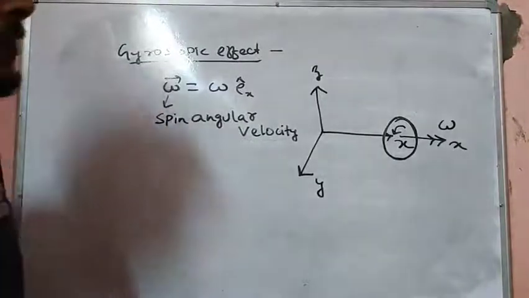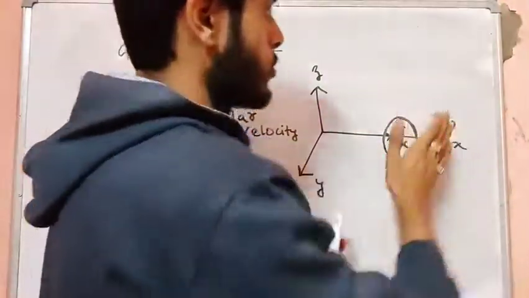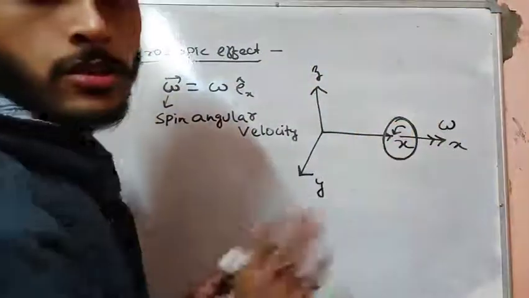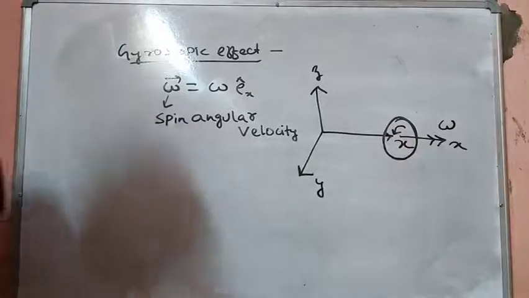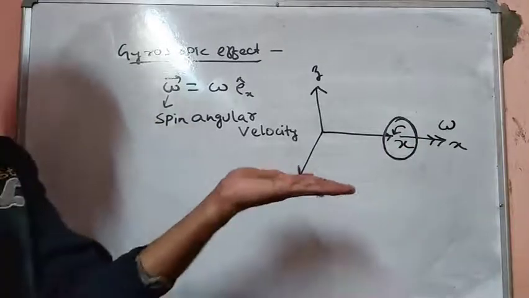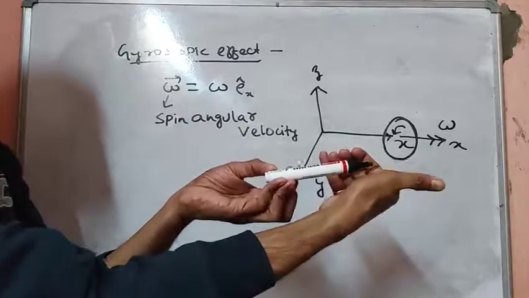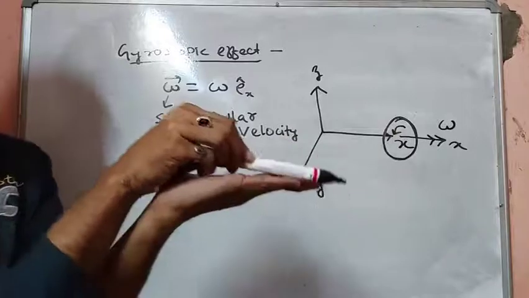Now if this rotor, while spinning about its axis, is also given a turn in any other direction, let's say in the xy plane, the disc is rotating with this angular velocity vector.